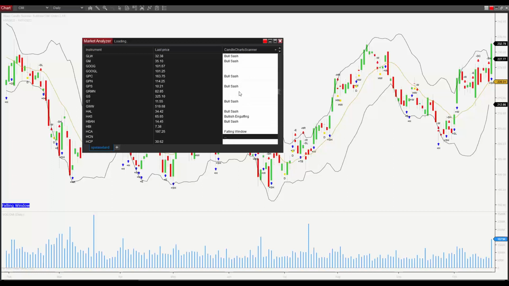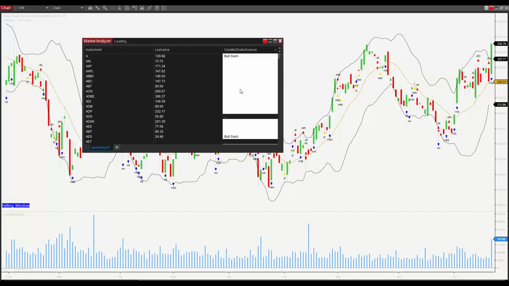So notice this is all the 500 stocks. Now, this is a simple scan. It took me about 20 seconds to set it up, and it finds them for me. But I can change that scan to whatever criteria I'm looking for. If I only want to find windows, I can scan simply for windows. If I want to scan for hammers on 10-minute charts on the stocks of the NASDAQ 100, I can do that too.